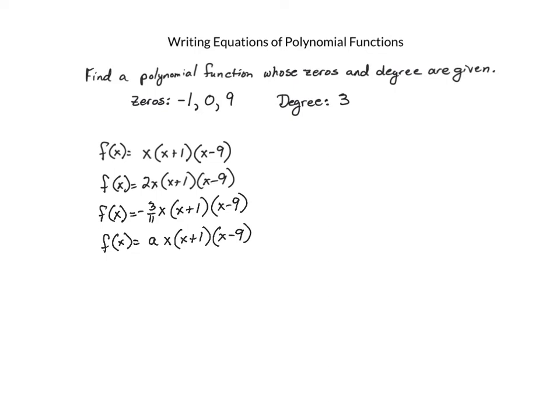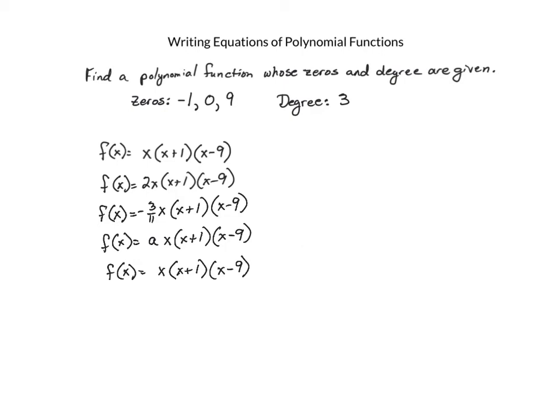And we don't have enough information to determine what it must be. But since it just asked for a polynomial that met that criteria, I would make it equal 1. It didn't say what it should be, so let's just make it equal to 1 so that it's simpler. And this is our polynomial function.